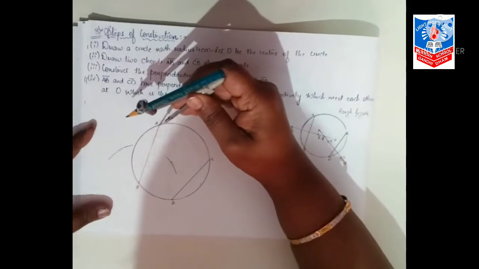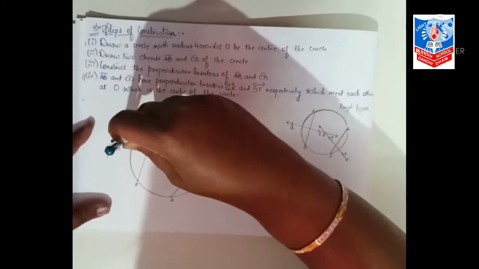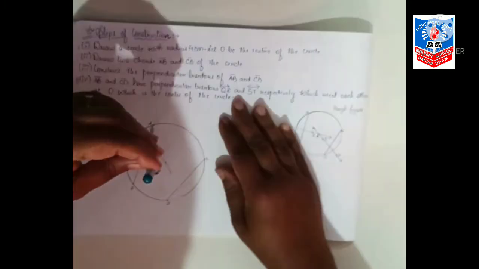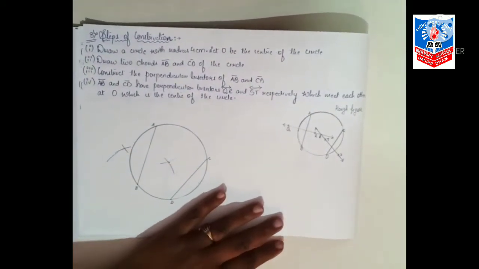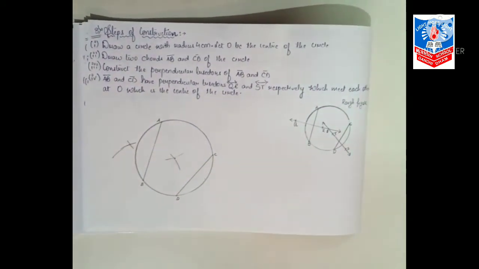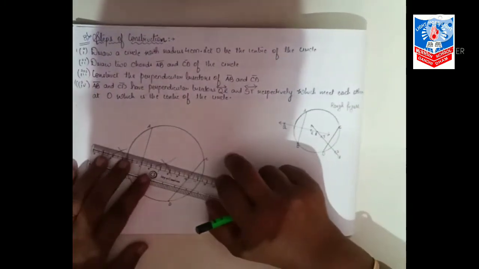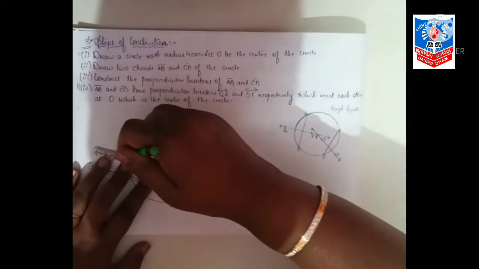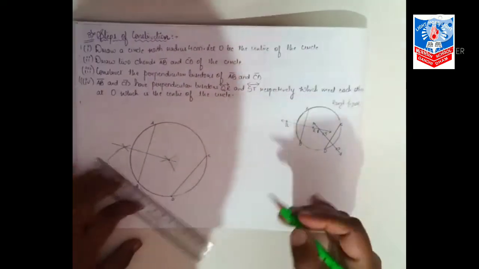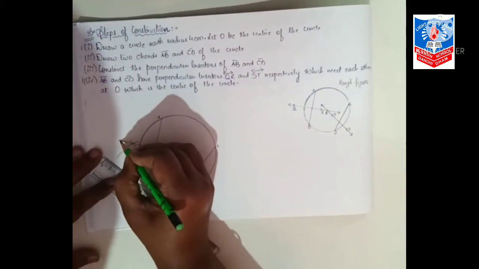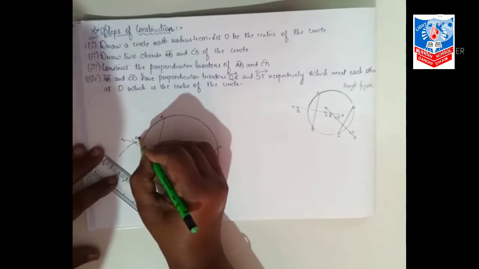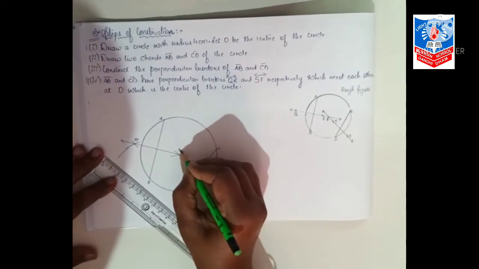Now with center A, you will cut this arc on both the sides. See, like this way. Now join these intersecting points. Name these as Q and R.